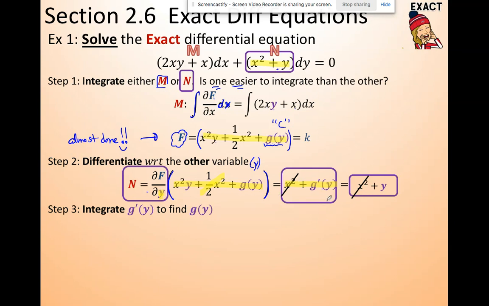Did canceling, which will always happen when you have an exact differential equation. Now I want to find g to be able to plug that in, so I'm just going to integrate again. Integrate g prime, but g prime was equal to just y, so there it is. Integrate y with respect to y, I get 1/2 y squared plus a constant, and I put a subscript of 1 there for a reason you'll see in a minute.